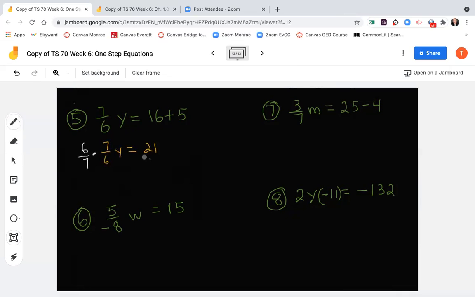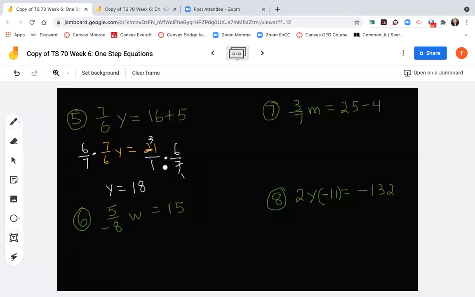So whatever I do to that side, I'll make this 21/1 times 6/7. That cancels out the fraction on the left side. So I now have y equals, if I did my cross canceling here real quick, 1 and 3, 3 times 6 is 18. 18 is my answer.